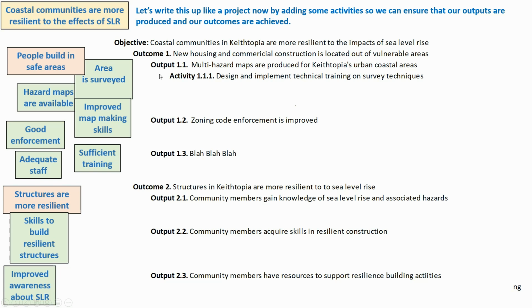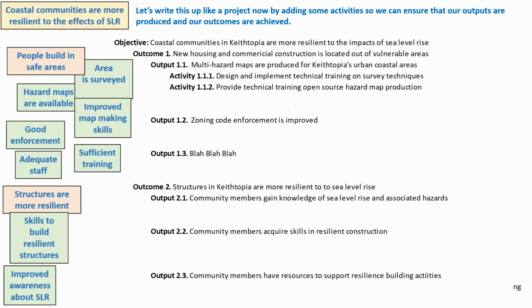And our second activity, because remember, outputs are usually the result of several different activities. So here we have provide technical training on open source hazard map production. For Keytopia, our municipal planning agency has a very small budget, and we cannot afford expensive mapping software.